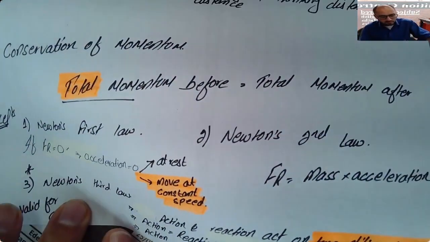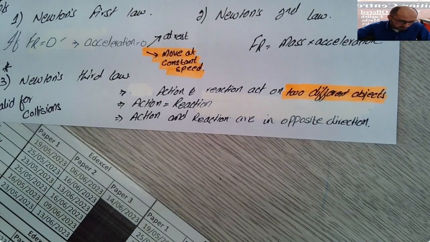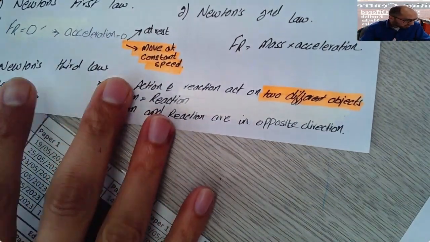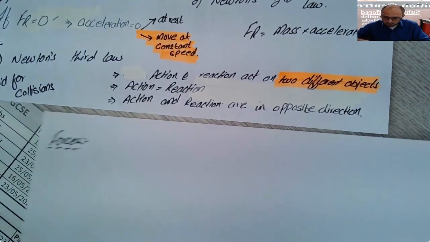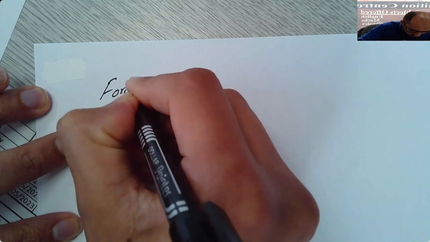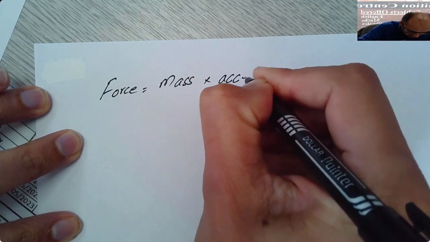Now in your exam, just like we looked at the other topic, there might be some investigation questions from the forces concept as well. What can you think of when it comes to investigation type questions? There could be a question on this equation, F, which is force equals mass times acceleration.